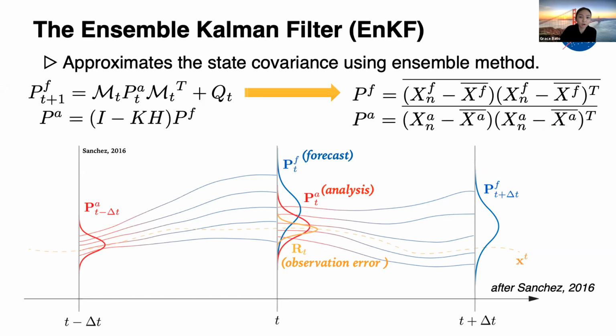Then once observation is available here, the yellow curve here, which is characterized by this covariance error here, the ensemble is updated with a new model covariance PA, and then the process iterates again to the next step.